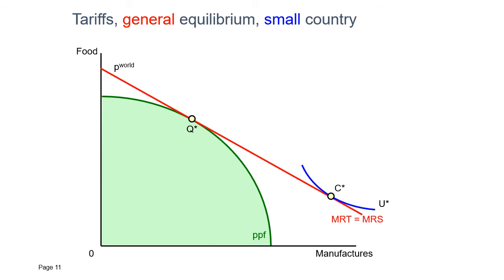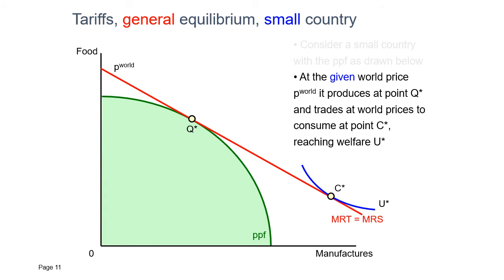So we're going to assume initially that we have a small country, producing at Q star and consuming at C star. Why are we producing and consuming at that point? Because that is the position where your marginal rate of transformation is equal to the relative prices given by world prices, and those relative world prices are also equal to our marginal rate of substitution.